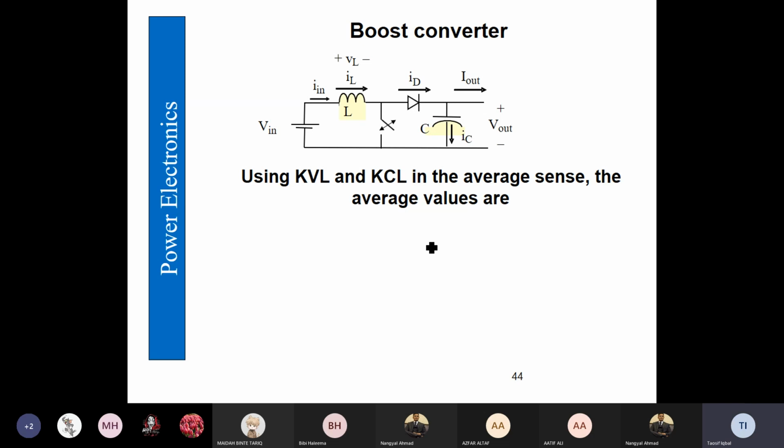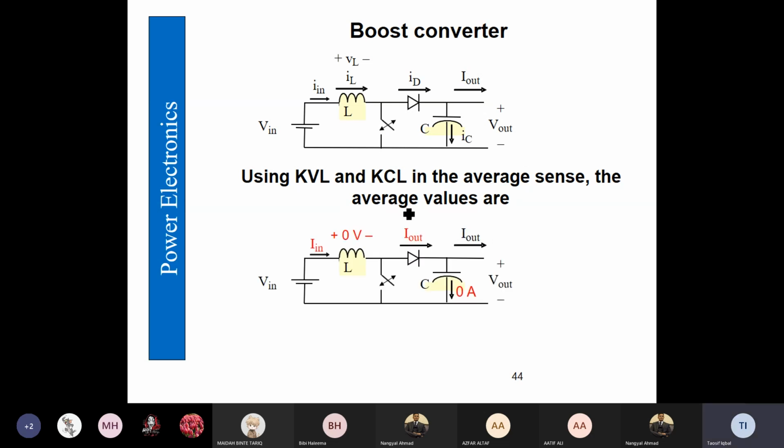As we know, in steady state, when this circuit approaches that state, the average voltage across the inductor becomes 0 and the average current across the capacitor becomes 0.